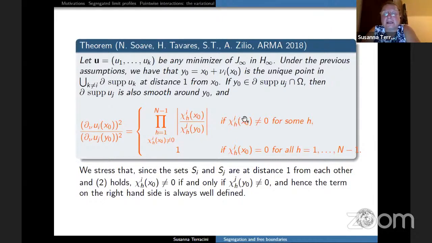In case some of the principal curvatures annihilate at a point, then they annihilate also at the other point, and this ratio will tend to 1.